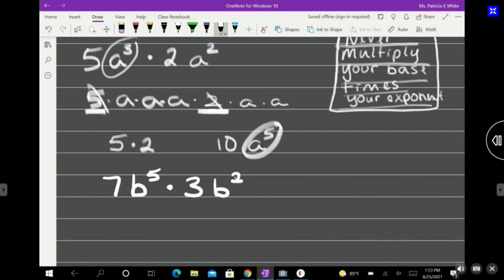Get your notes back. Be writing this stuff down. What does this look like in expanded form? Anybody want to go up and write it out?